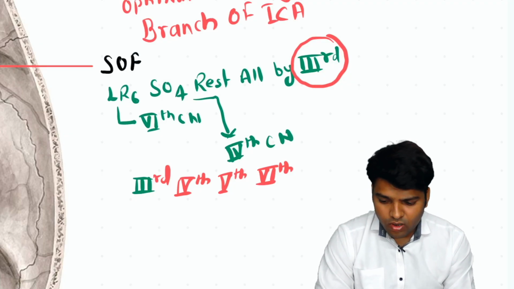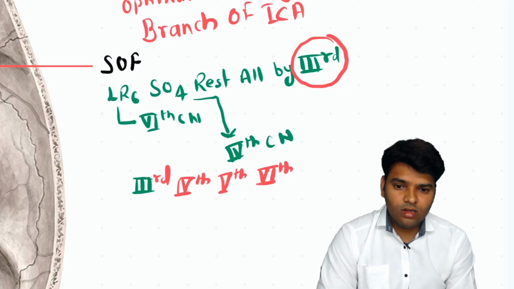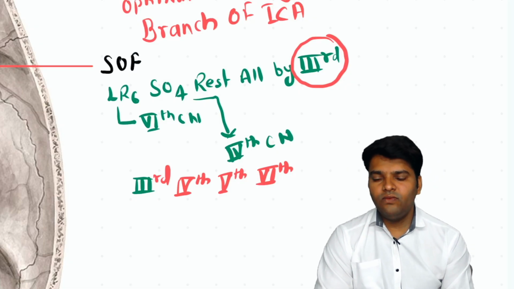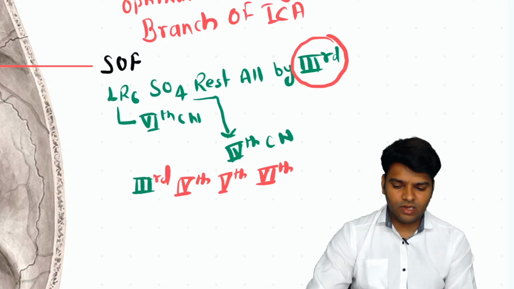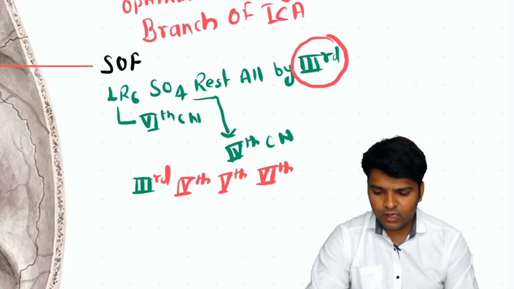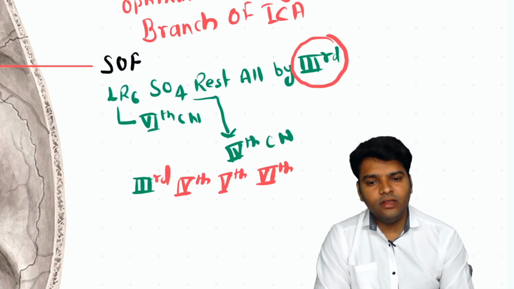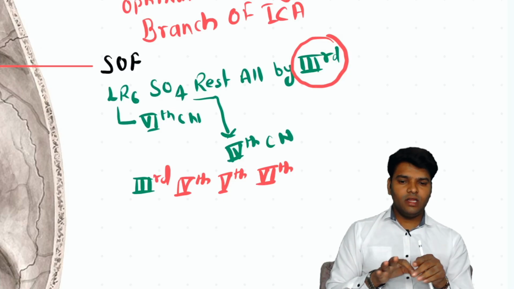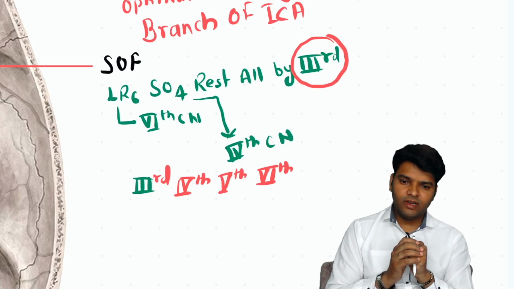Now I want to tell you how the 5th cranial nerve passes through the superior orbital fissure, and which branch of the trigeminal nerve passes through it. First of all, the 3rd, 4th and 6th pass completely through the superior orbital fissure.